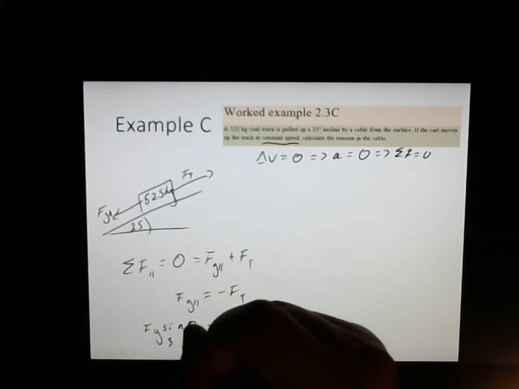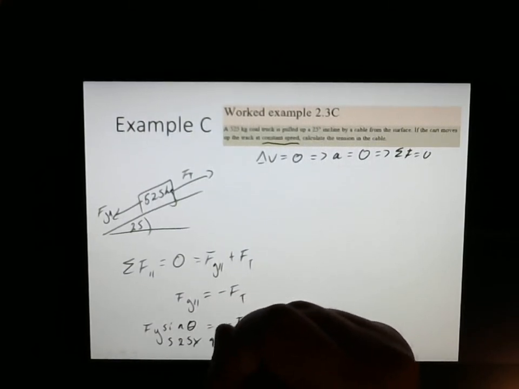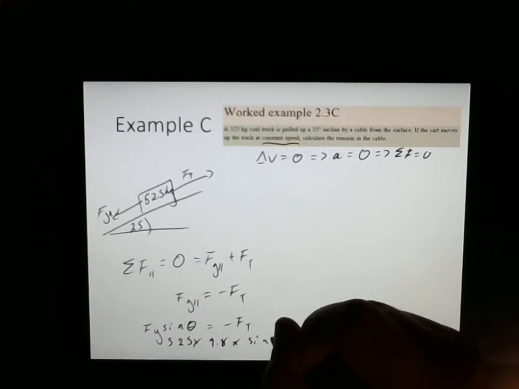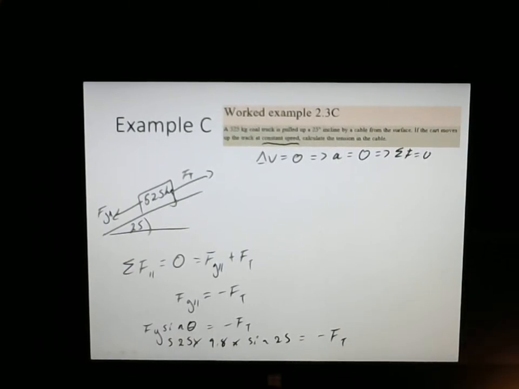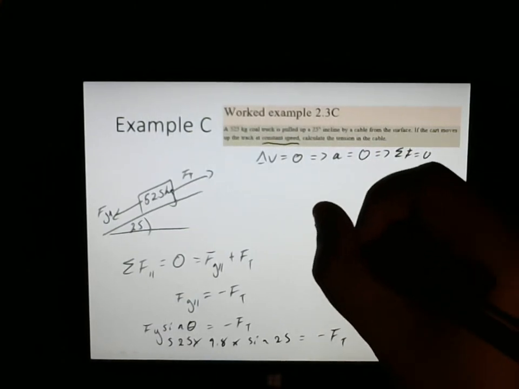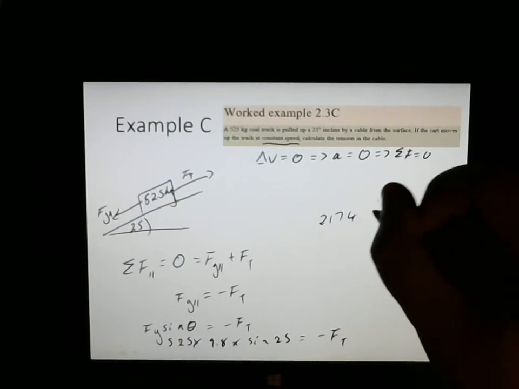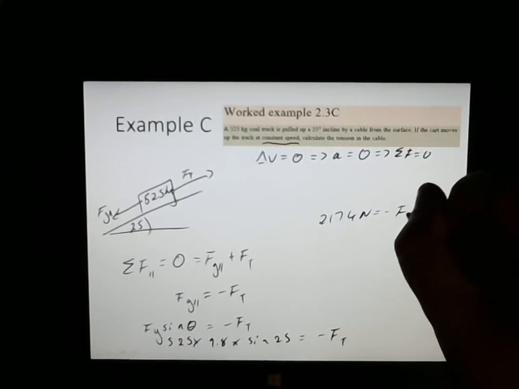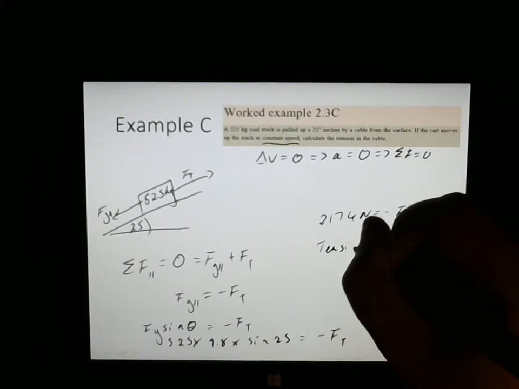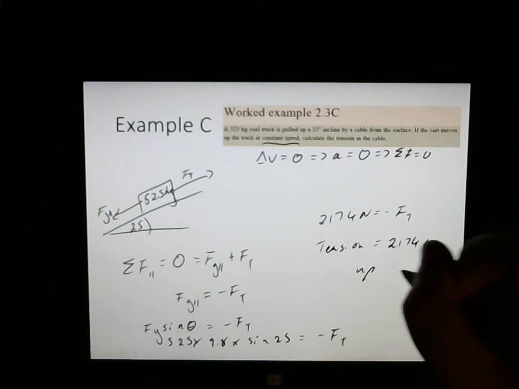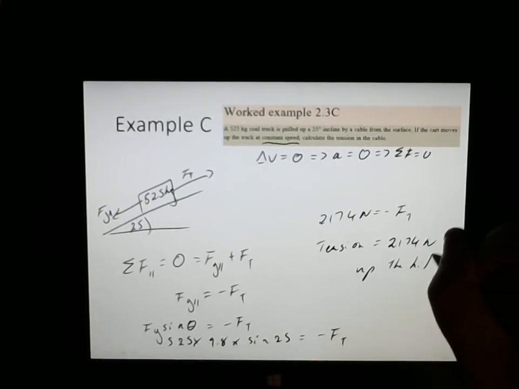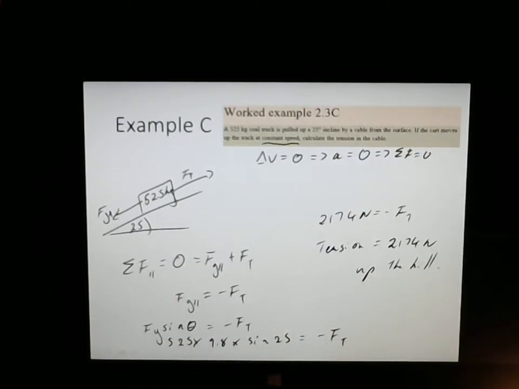Mass is 525 times 9.8 times sine of 25, and that's going to equal negative Ft. That is 2,174 newtons equals negative Ft, so tension equals 2,174 newtons up the hill, because that's the direction tension is going.